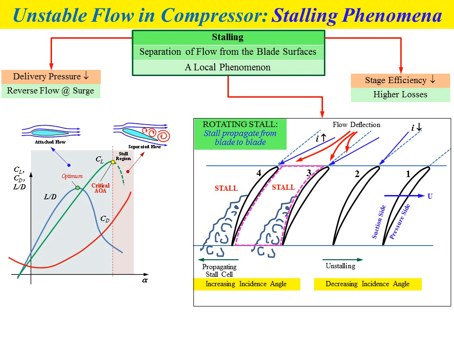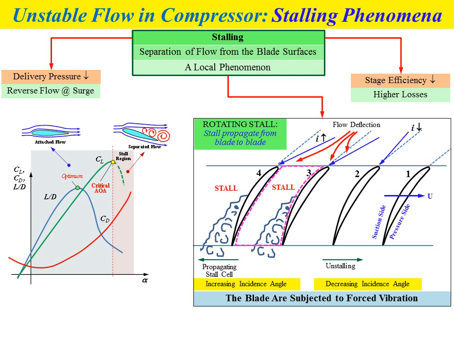So no stalling phenomena occur on blade number 2 and blade number 1. For the right side blades, no stalling phenomena occur on the surface due to the decreasing incident angle value during the compression process. So this phenomenon we call rotating stall.